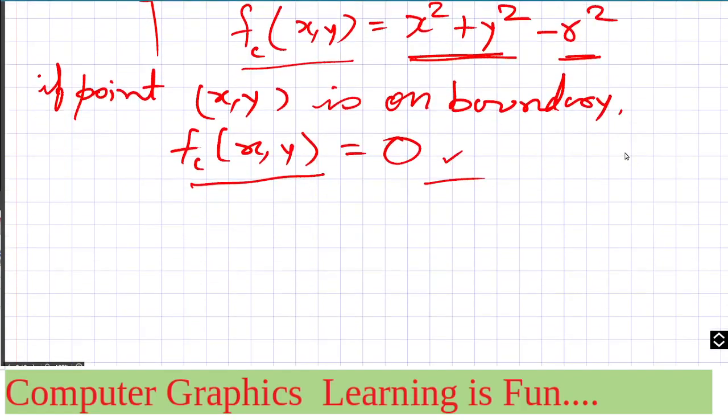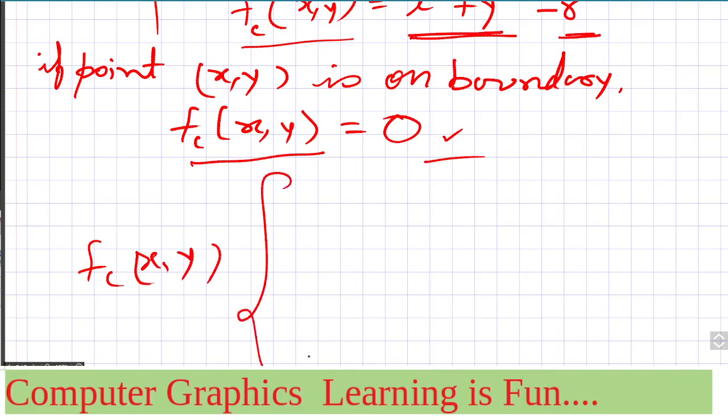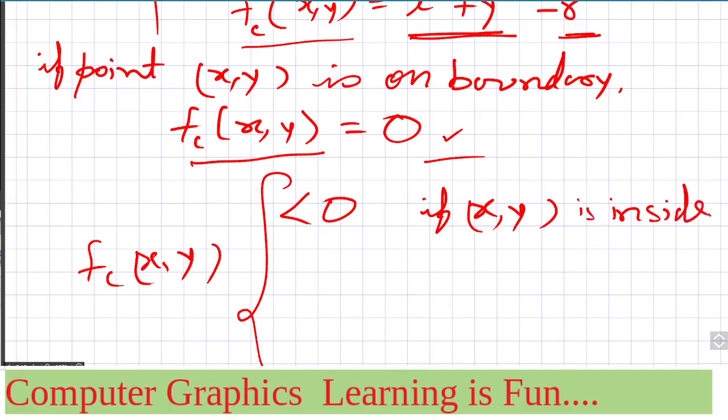Let me write it in this way, that your f_c(x, y) will be less than 0, negative, in case your (x, y) is inside the boundary.